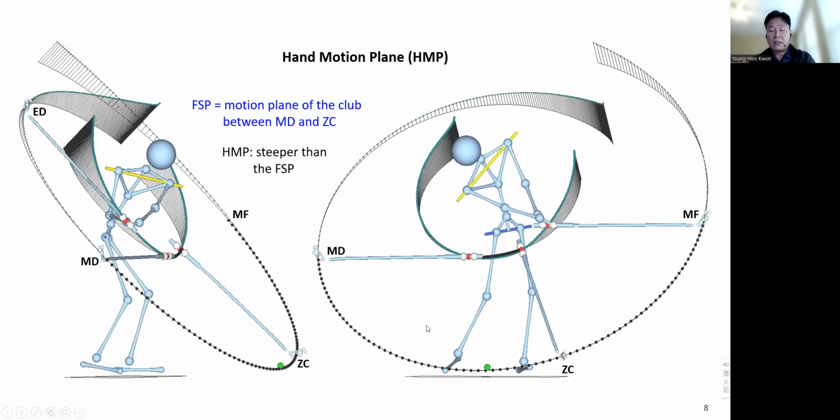And I will revisit this issue later when I do additional episodes on the functional swing plane. And then I will relate it to my reprogramming strategy. So for the moment, we'll just say that the functional swing plane is quite meaningful because it shows the motion plane of the club in this important phase here. And also the hand motion plane is steeper than the functional swing plane.